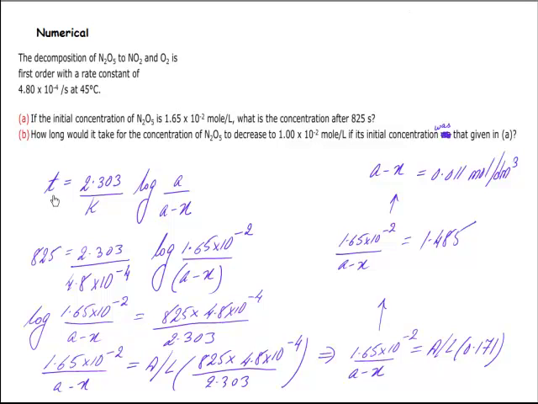The rate constant is already given to us, 4.80 into 10 to the power minus 4, and this time what is given to us is A as well as A minus X. The value of A minus X is 1 into 10 to the power minus 2 for the second part of the numerical. So let's solve it.